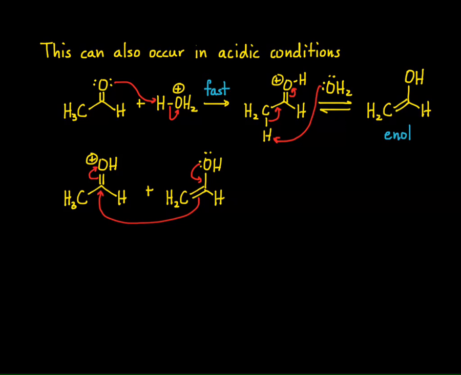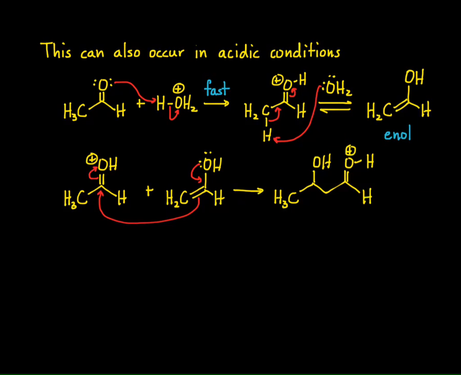So the oxygen reforms the carbonyl, the alkene of the enol attacks the carbonyl carbon, displacing the carbon-oxygen bond. And the result looks like a structure that's very similar to the aldol addition in basic conditions, but with a slight little twist.